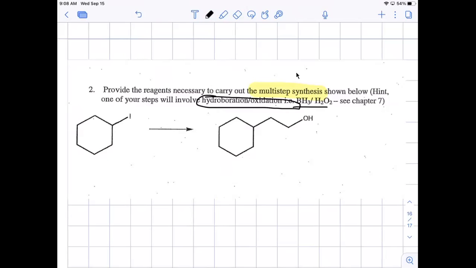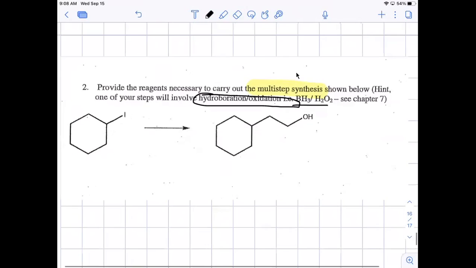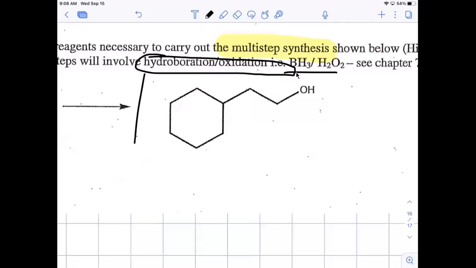So that particular step, what are those reagents used for? We talked about this before in a previous section. Anybody remember? All right, so the hydroboration oxidation, I'm just going to abbreviate it.